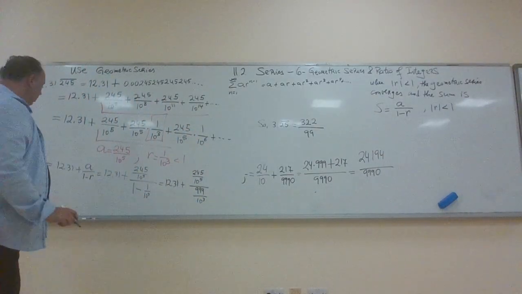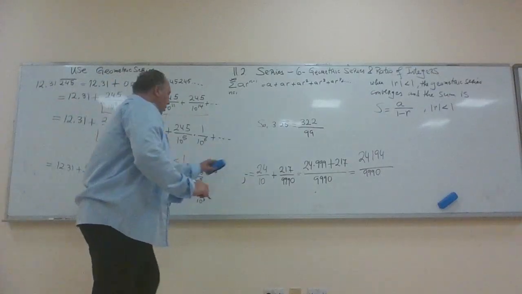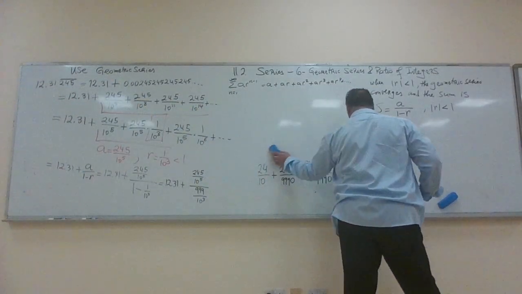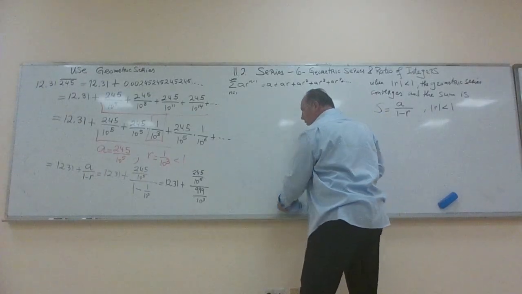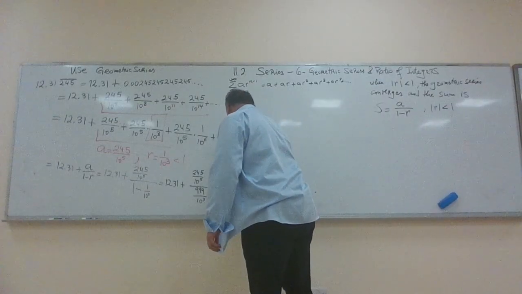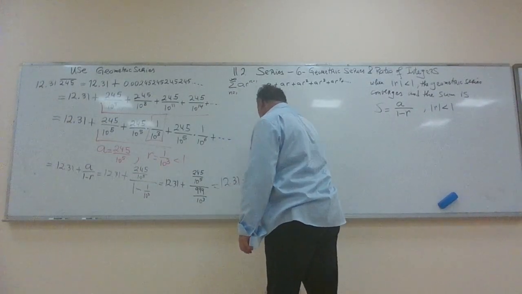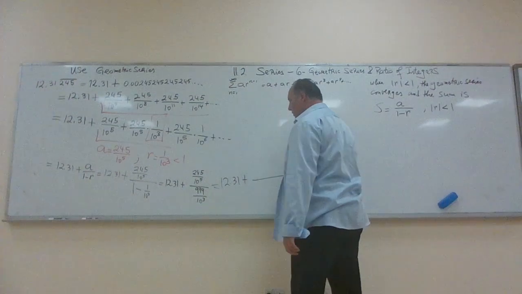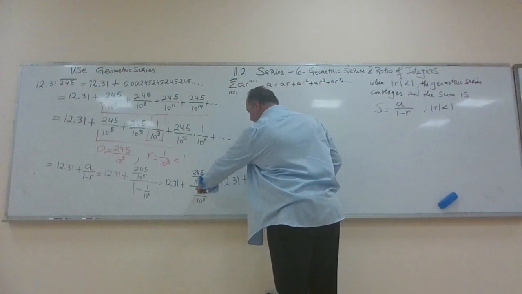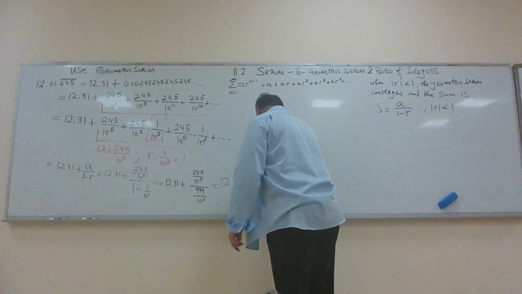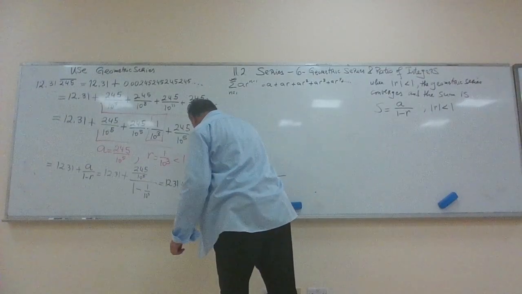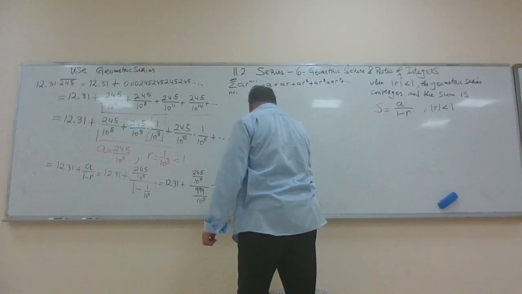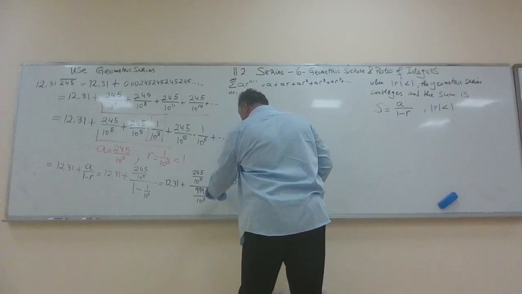Okay, fine. So if I write this piece a little bit, I have my 1231 plus, and if I try to combine this into a single fraction, I'll have 999 times 10 to the power 5 downstairs, and upstairs will be 245 times 10 to the power 3.